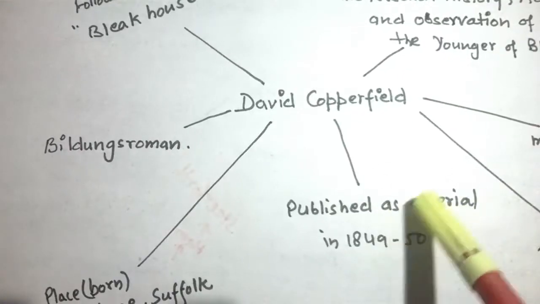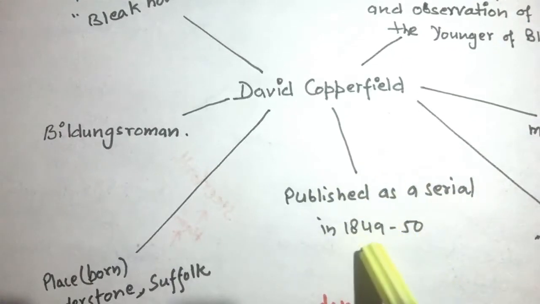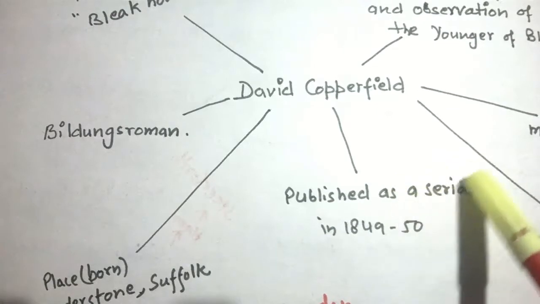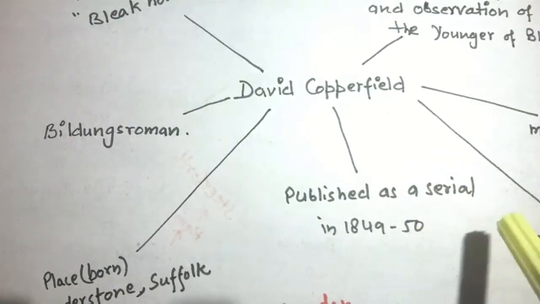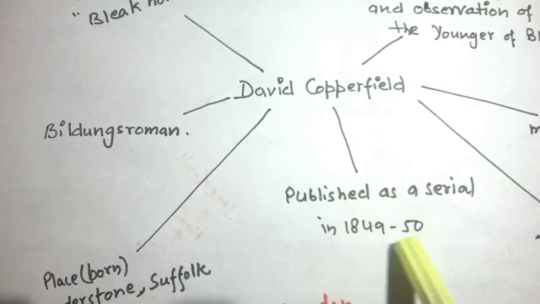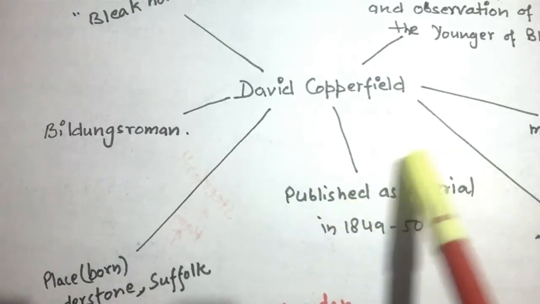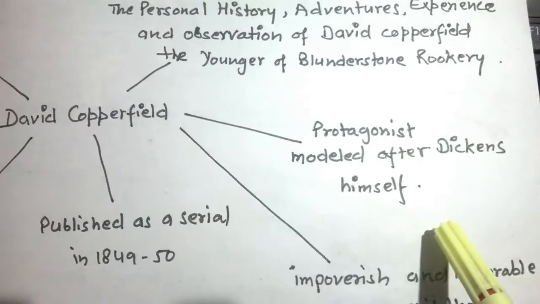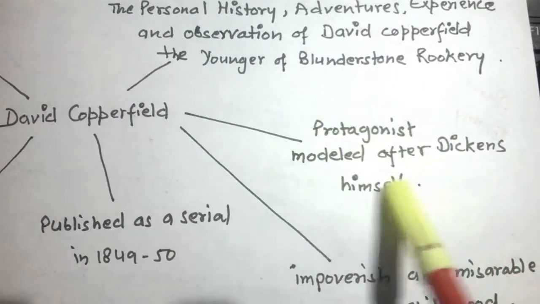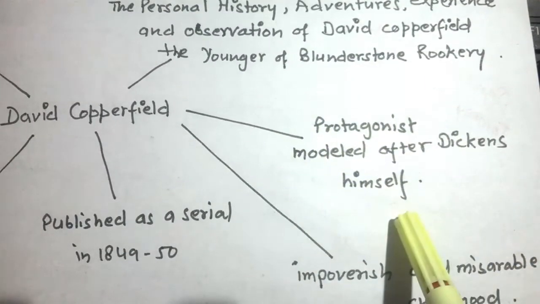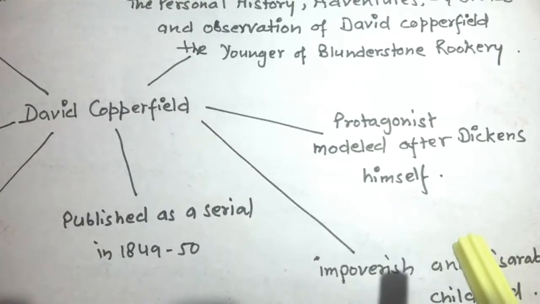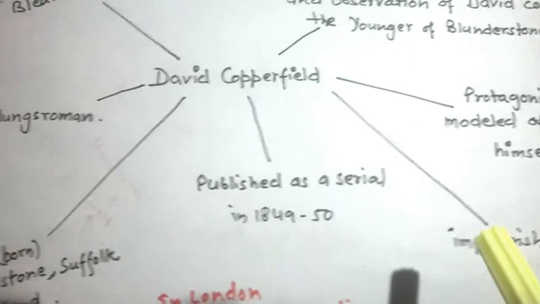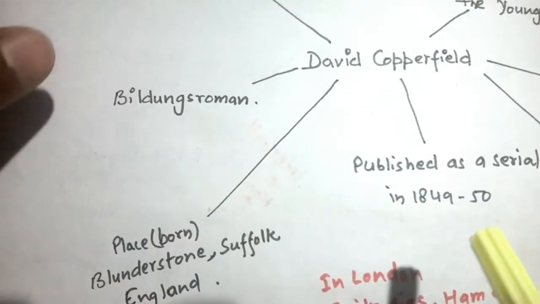It got published between 1849 and 50. It was a serial, and later in 1850 it got published as a book, but between 1849 and 50 it was published as a serial. Here the protagonist is modeled after Dickens himself, as we know that he lived a very pathetic childhood life.